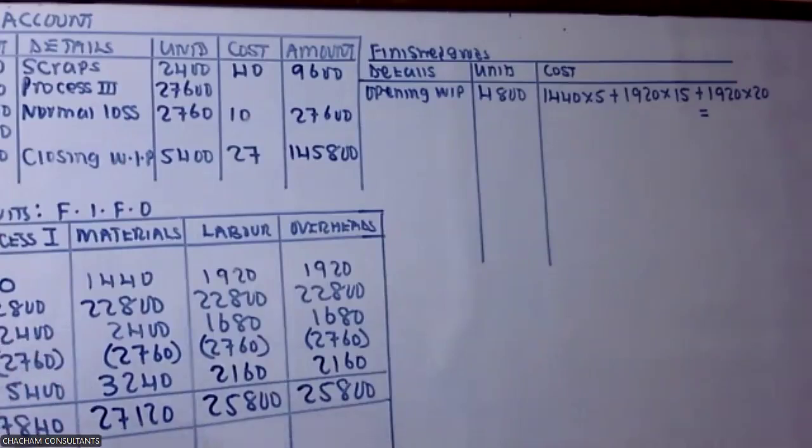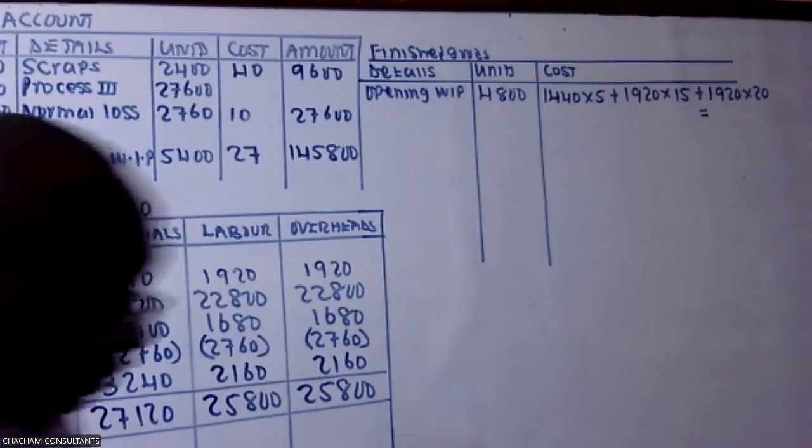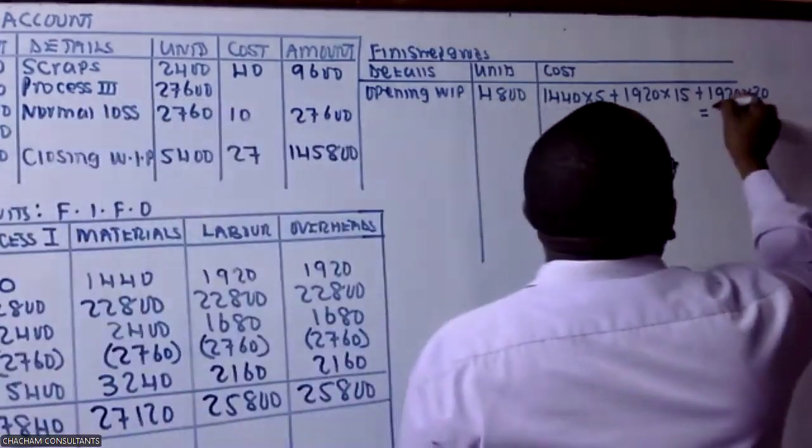So let's work that out. 1440 times 5 plus 1920 times 15 plus 1920 times 20. 74,400.